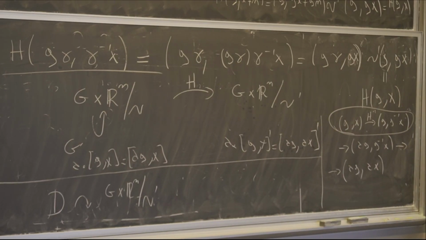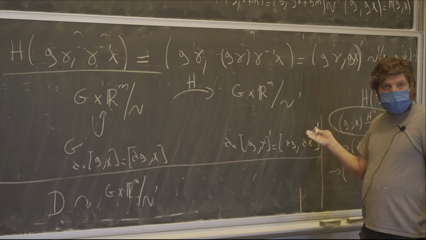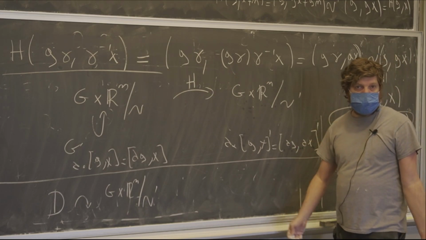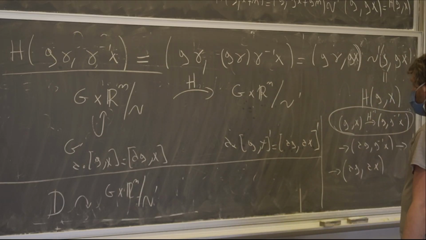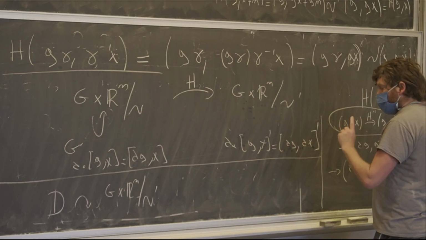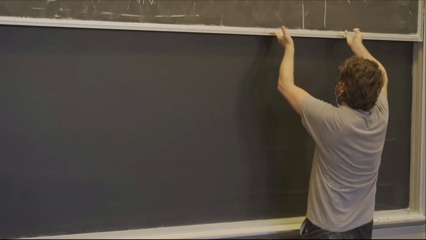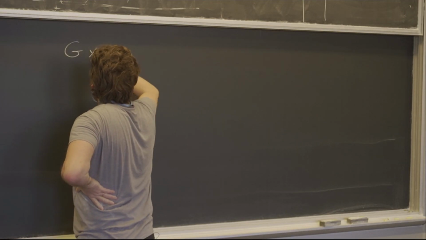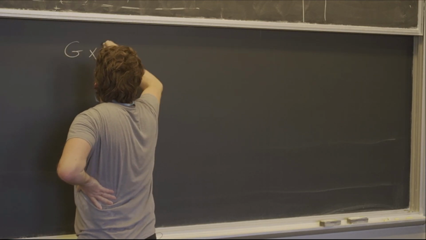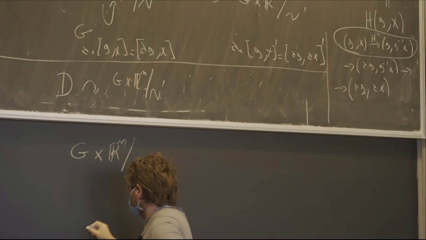And why are the Lyapunov exponents what they are? Because that's what they are here. So it's e to the t1, e to the t2, e to the t3, e to the t4, e to the tn. Take logs, you get the ti's. Now, from the picture point of view, it's a very important picture. So here you have G times Rn modulo the first relation.